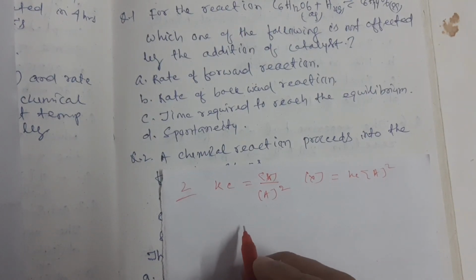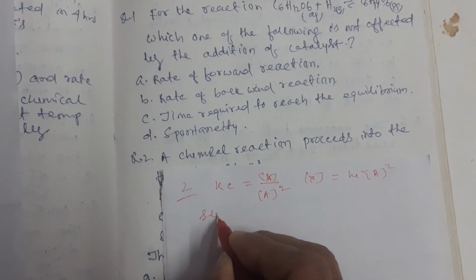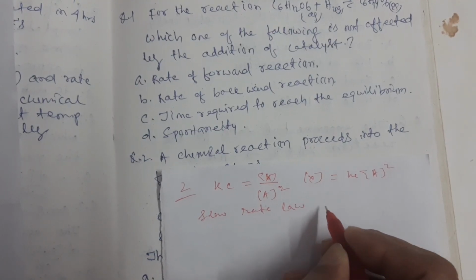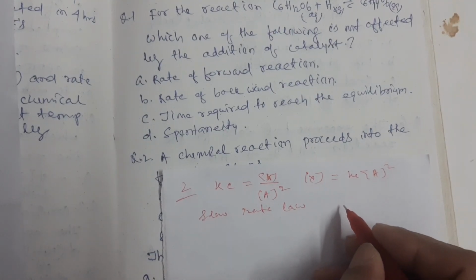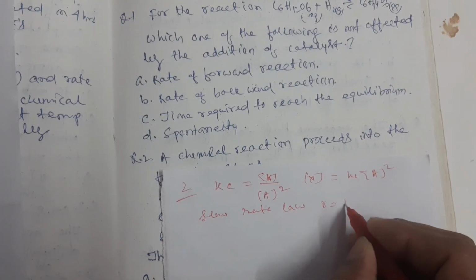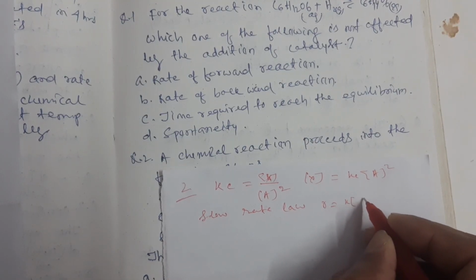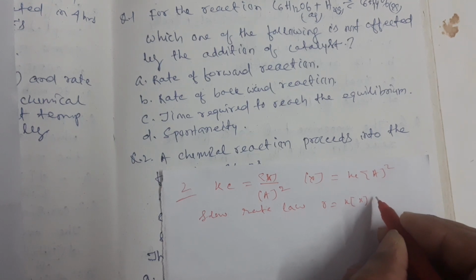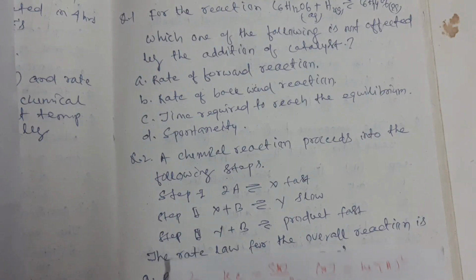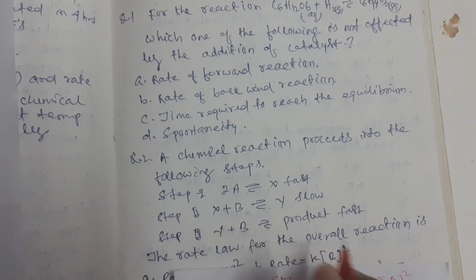For the slow step, the rate law is R is equal to K times X concentration and B concentration, since it is the slow reaction.